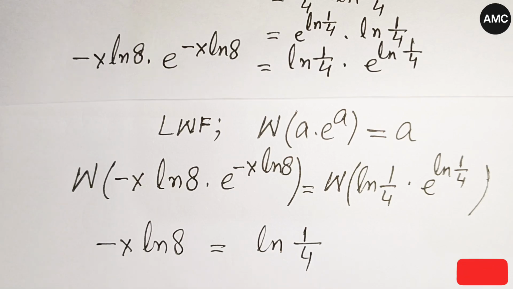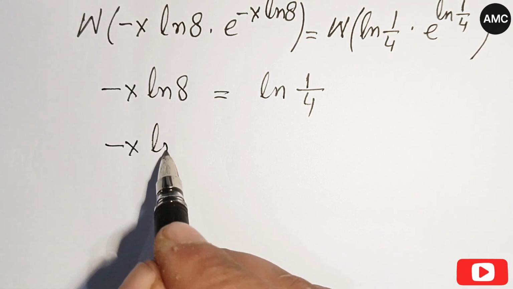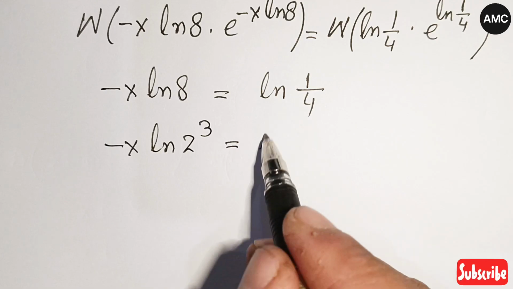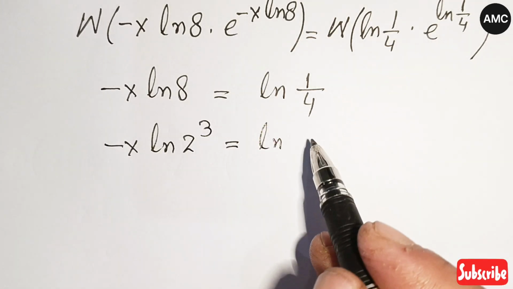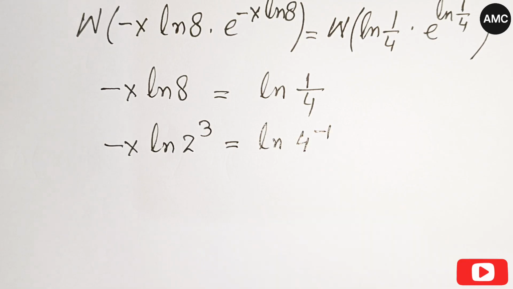Here we get minus x natural log of 8 is equal to natural log of 1 over 4. So natural log of 8 can be written as natural log of 2 cubed, and 1 over 4 can also be written as 4 to the power minus 1.